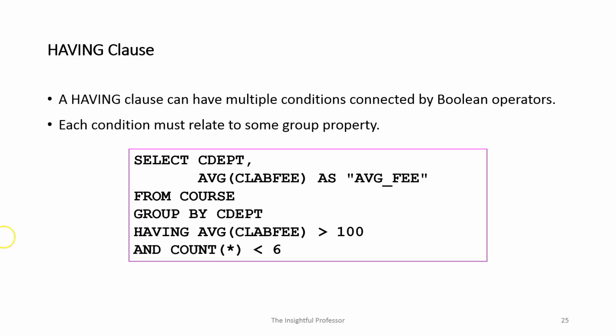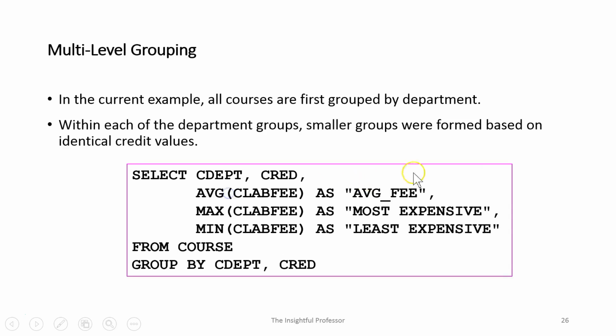Well, similarly, we can use the Boolean operators or connectors with the multiple conditions or predicates that we're evaluating in the having clause, and that's what we're illustrating here. Identify those groups that have an average lab fee greater than 100 and also have fewer than 6 rows. Count asterisk is less than 6. So that's a pretty neat extension to the having clause.